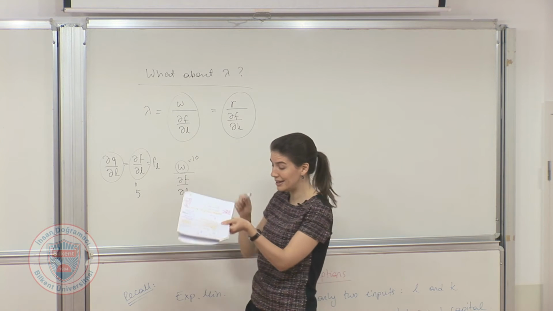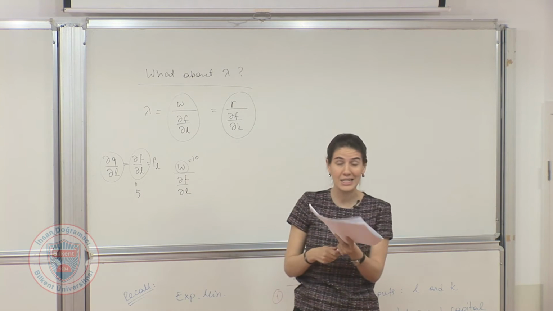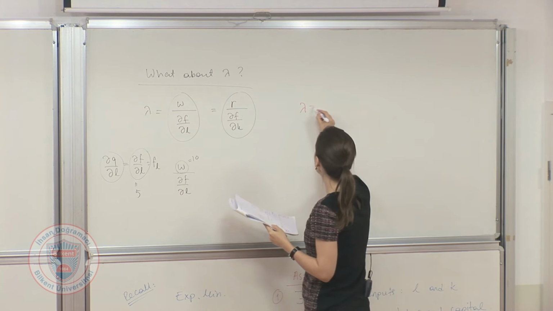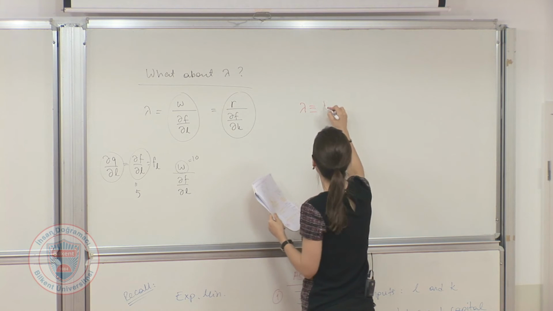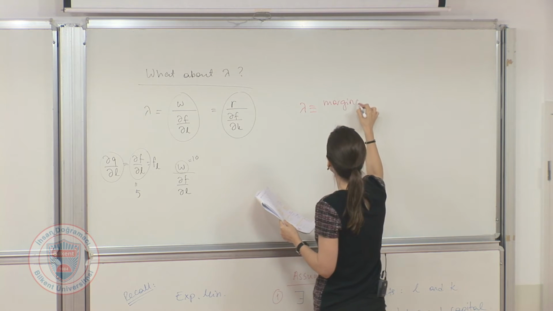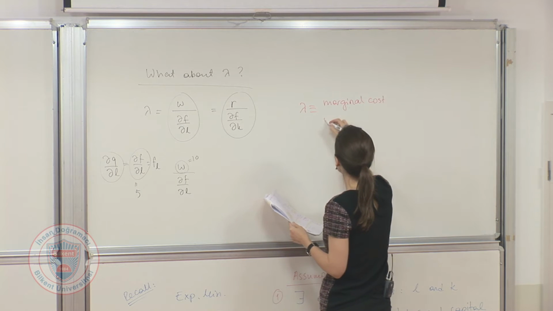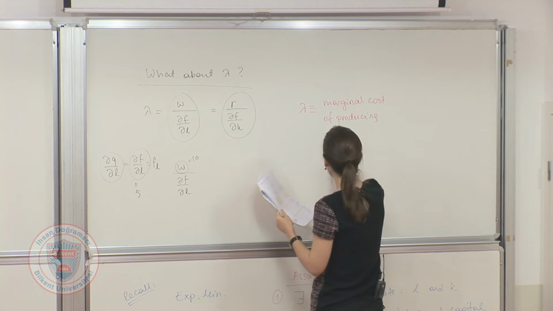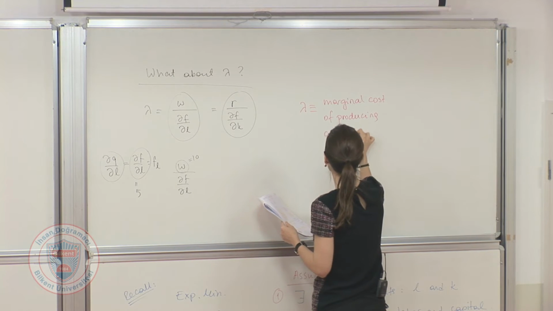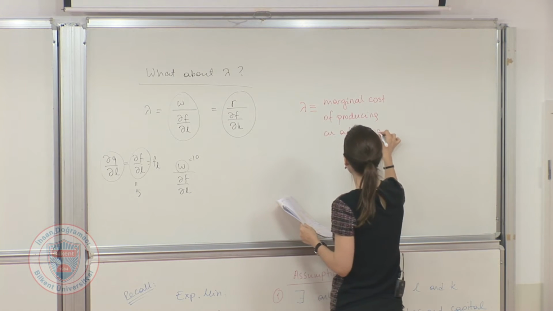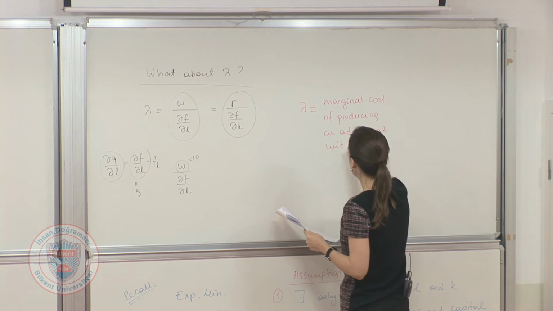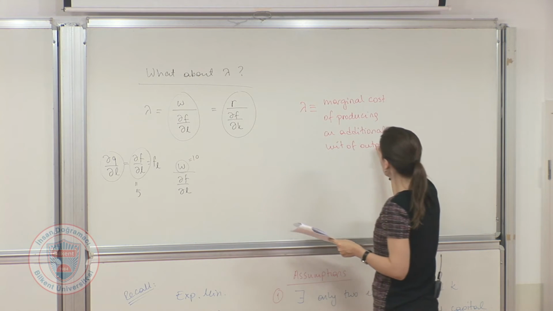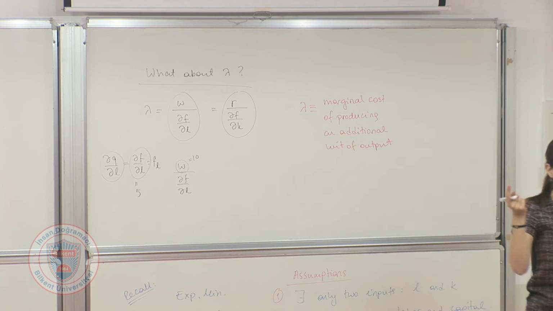So you can interpret lambda here as the marginal cost of producing an additional unit of output. You understood the logic, right?